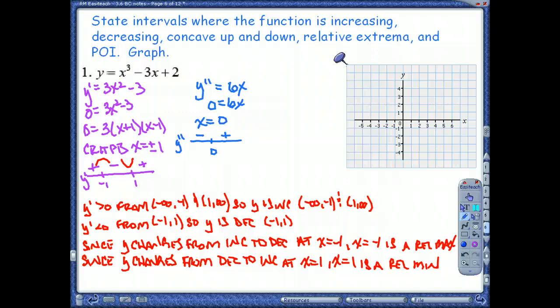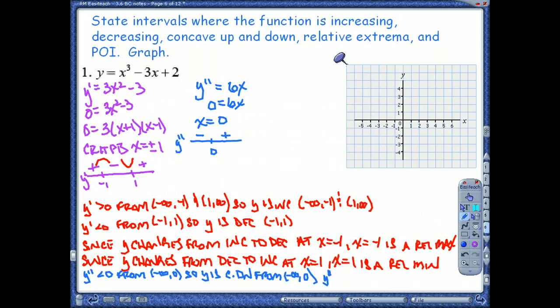Let me see if I can squeeze it all in here. Oh my goodness, there's a lot of sentences to write. So our second derivative is less than 0 from negative infinity to 0. So y is concave down from negative infinity to 0.